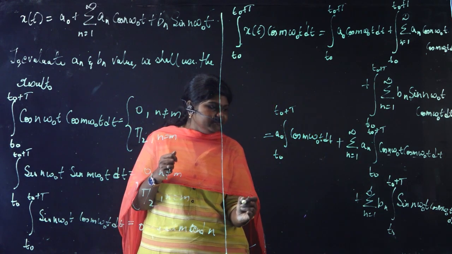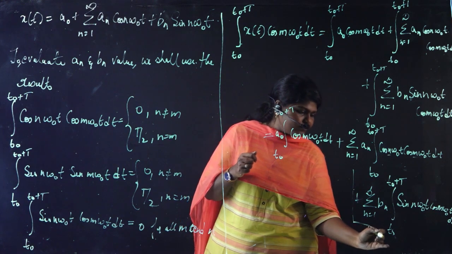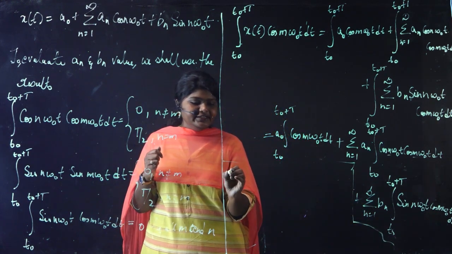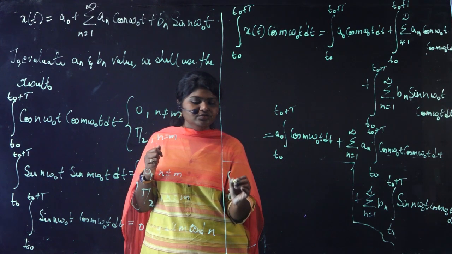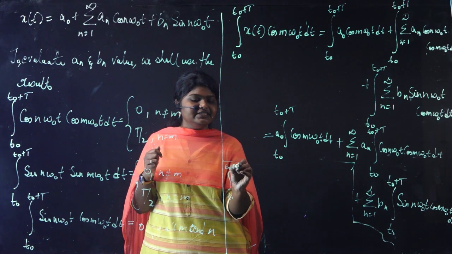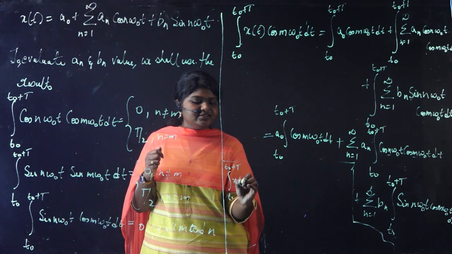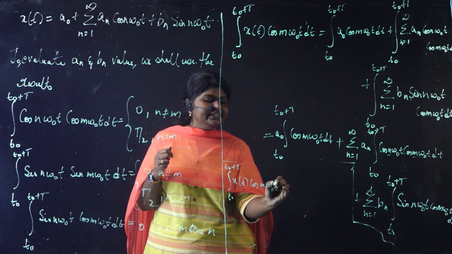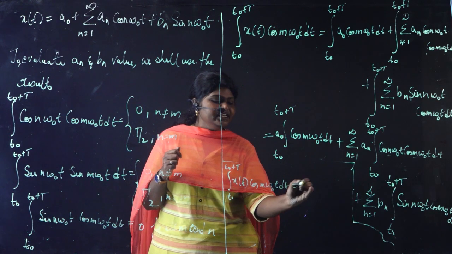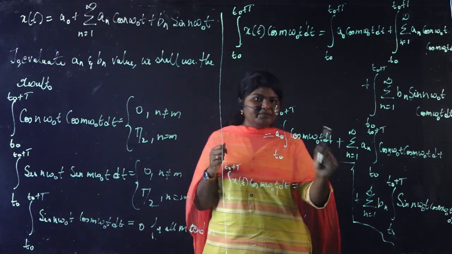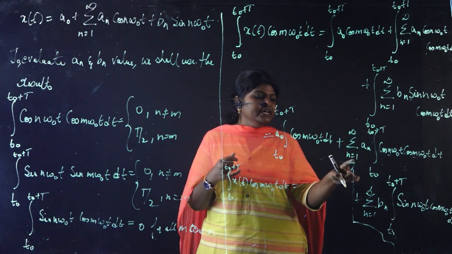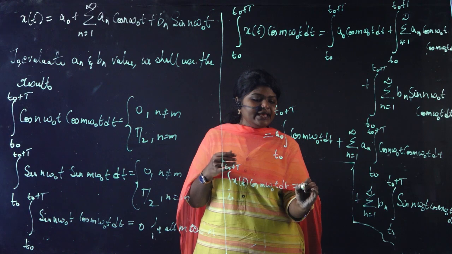So this will be the integral from t naught to t naught plus T of x of t cos of m omega naught t dt, which will equal 0 plus, at n equals m, I'm going to substitute the a m value.